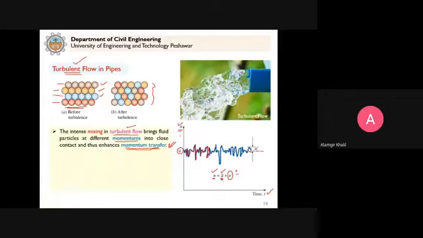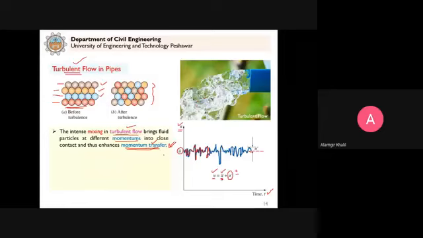Any particle in a fast moving layer that enters a slow moving layer will try to speed up that layer. And a particle from a slow moving layer that enters a fast moving layer will try to slow down the fast moving layer. This is how the momentum transfer occurs, and this is how we achieve the velocity profiles.